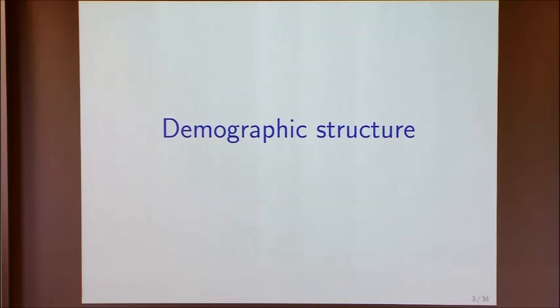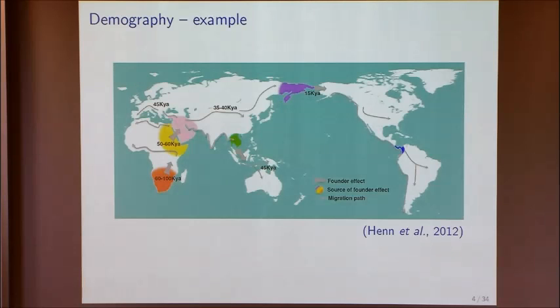So now to get into demographic structure, we want to augment this coalescent process that we talked about in the previous lecture with demography. As an example, this is a demographic peopling of the world map estimated from real genetic data. There's an estimate that the ancestors of modern humans that we see, the extant species at the moment, originated in southern Africa, and around 60 to 100,000 years ago there was a northward migration, and then there was an out of Africa migration around 50 to 60,000 years ago.